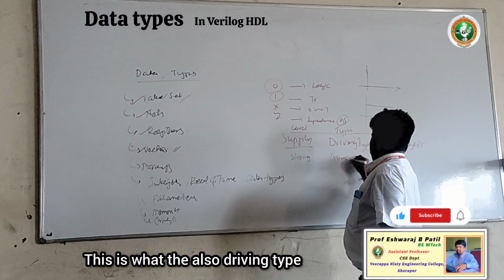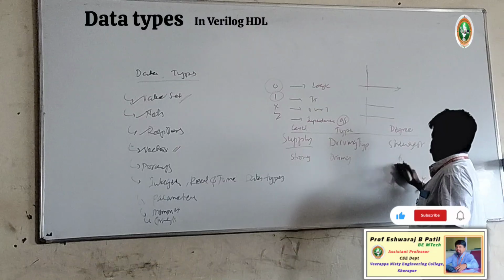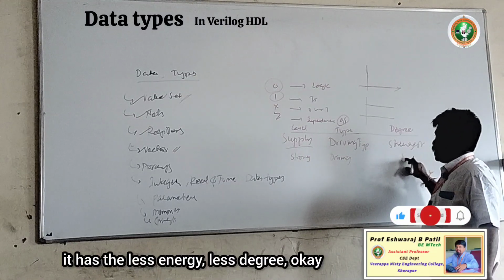Its degree is also strong, but it's increasing somewhat, compared to the strongest one it has less energy, less degree.